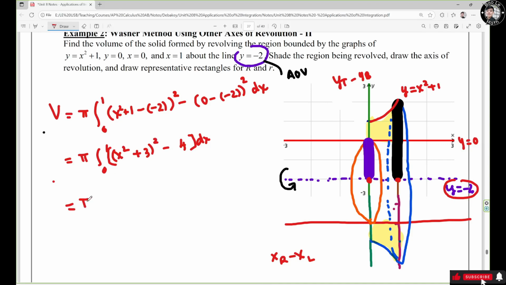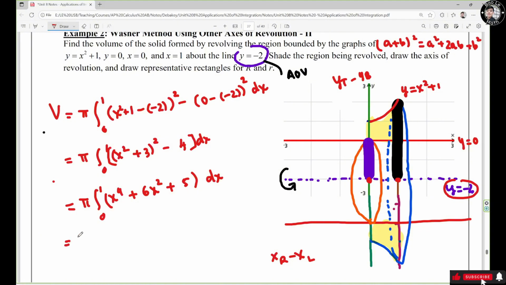So it could be pi times the integral from 0 to 1 of s to the power 4 plus 6s squared plus 9, subtract 4 is going to be 5, ds. Now remember, the perfect square formula: a plus b altogether squared is a squared plus 2ab plus b squared.